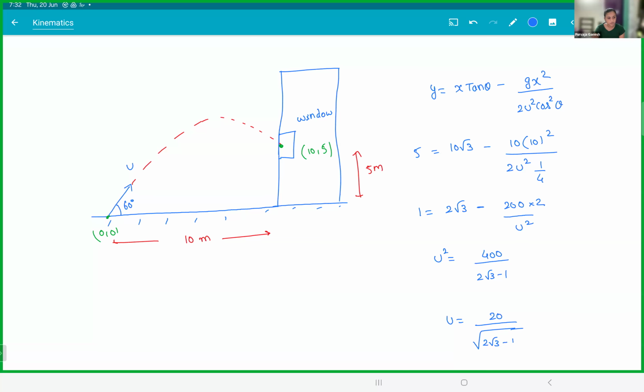A particle is projected with constant speed u at any angle theta. You can project however you want. Now find theta if area under the curve is maximum.